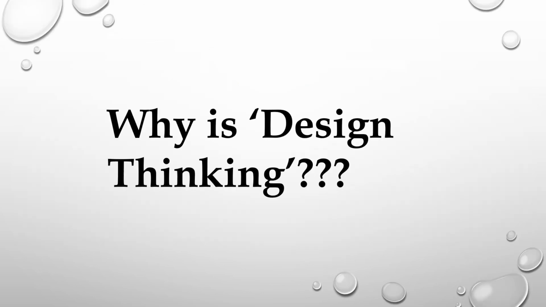Some of the world's leading brands such as Apple, Google, Samsung, and General Electric have rapidly adopted the design thinking approach, and design thinking is being taught at leading universities around the world, including Stanford d.school, Harvard, and MIT. What is design thinking and why is it so popular and effective?